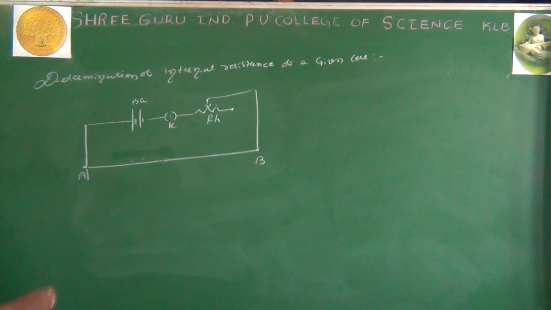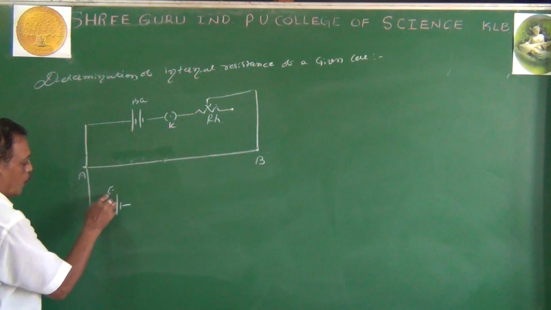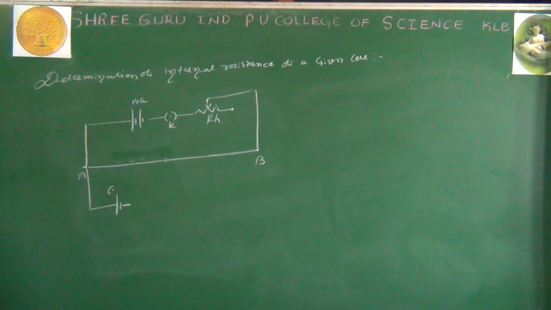Now this is my cell of EMF E, whose internal resistance is to be determined. That is connected to the end A of the potentiometer, where the battery is connected.